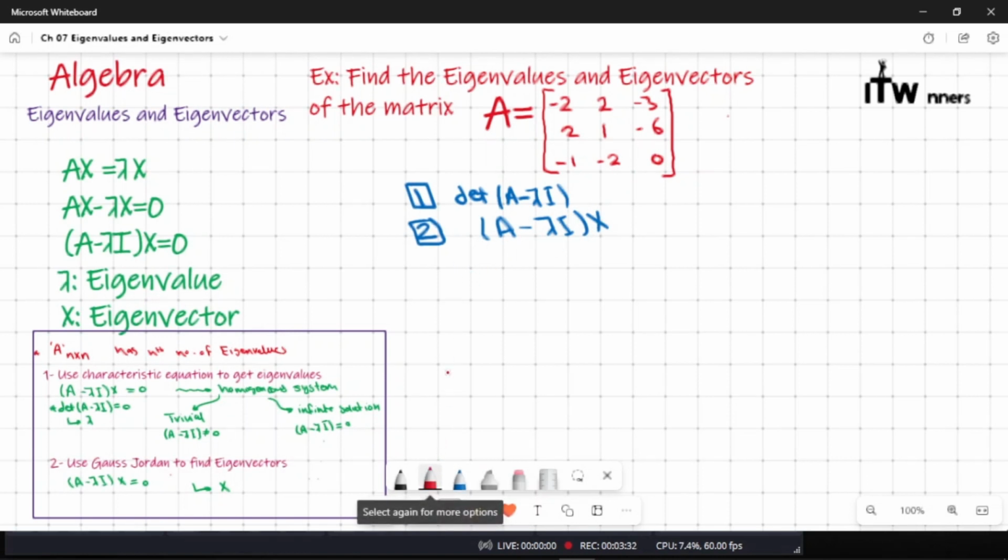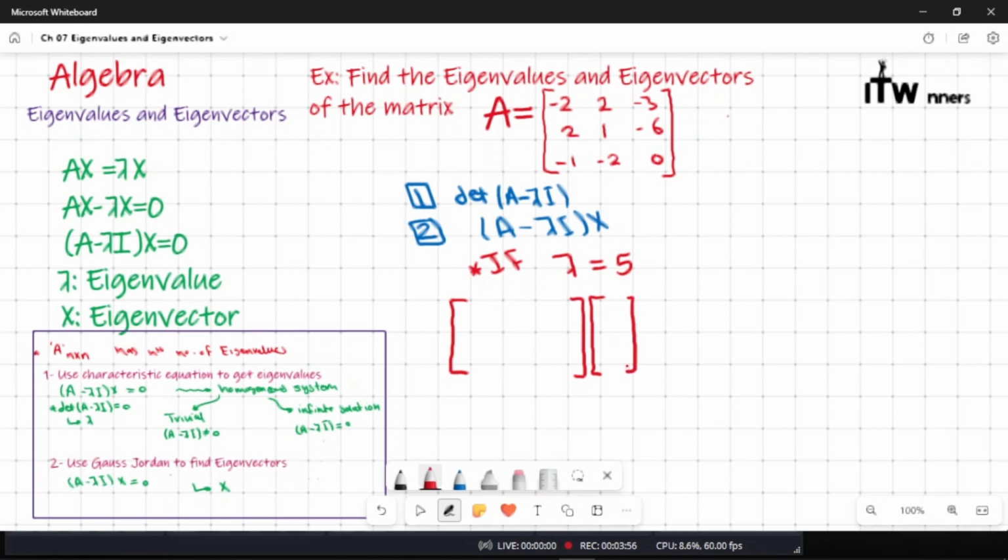Okay, here we have, if lambda equal to 5, then our system is this: x1, x2, x3 equal to 0, and here we have -2 minus 5, so we have here -7, here 2, -3, 2, -4, -6, -1, -2, and here -5.